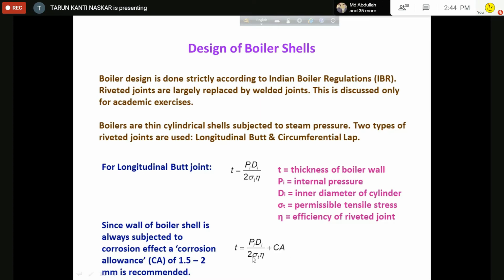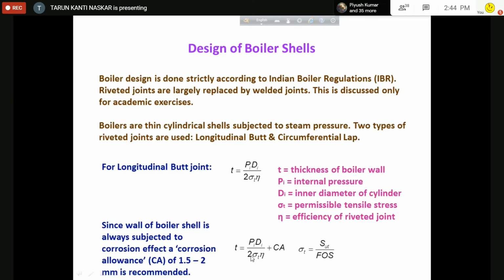So T is Pi Di divided by twice sigma T eta, plus Ca. So this is added to the calculated value to find out T. Whatever we find from this expression, a value of 1.5 to 2 is added.